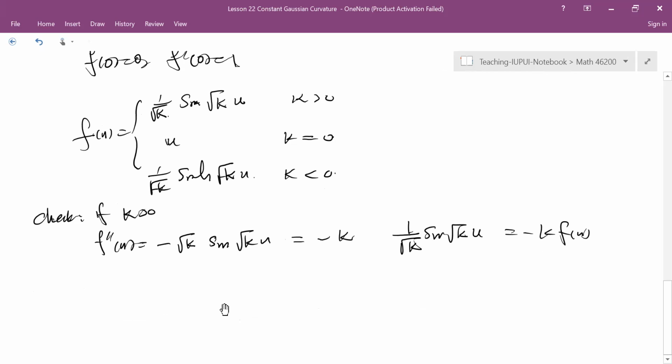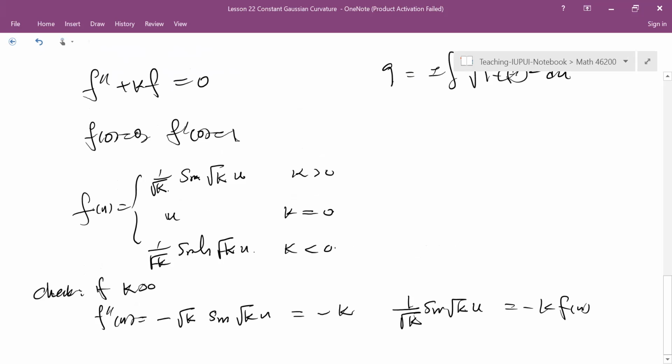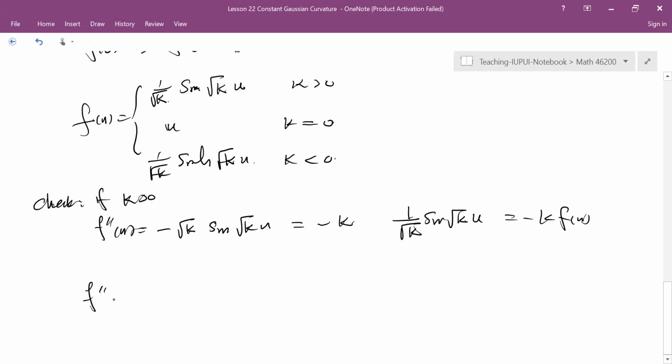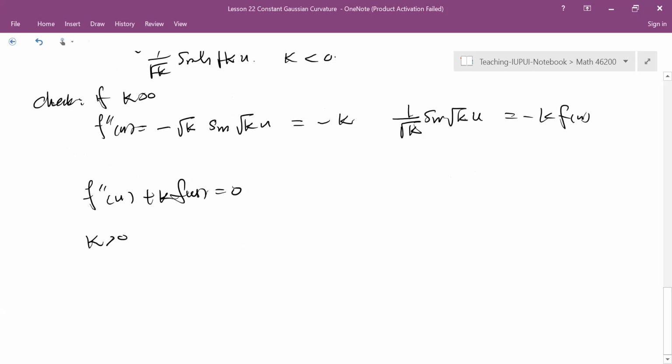Let's look at the general solution, without the initial condition. When k is positive, f of u equals a sine of square root of k u plus b cosine of square root of k u.